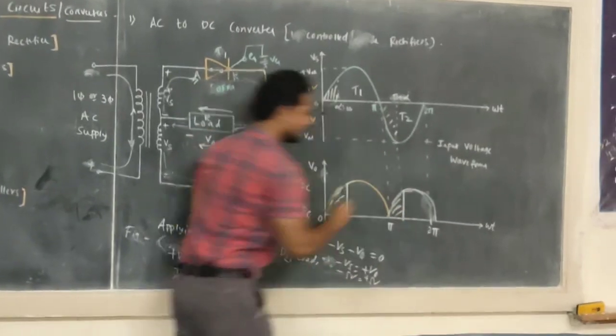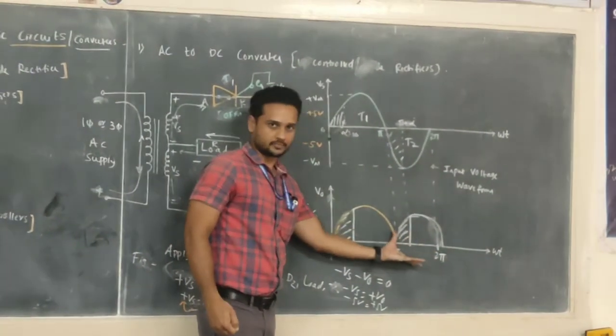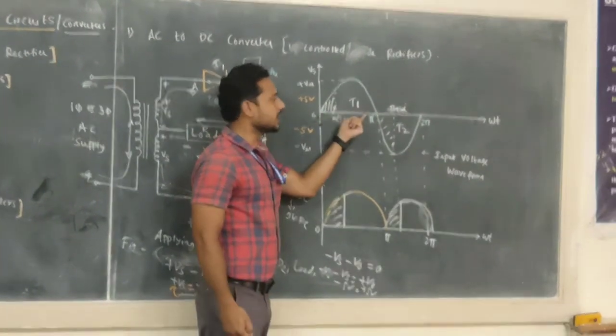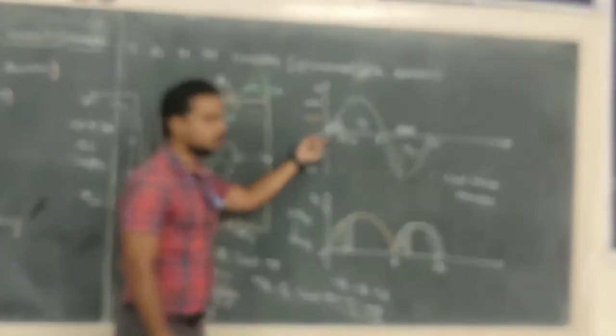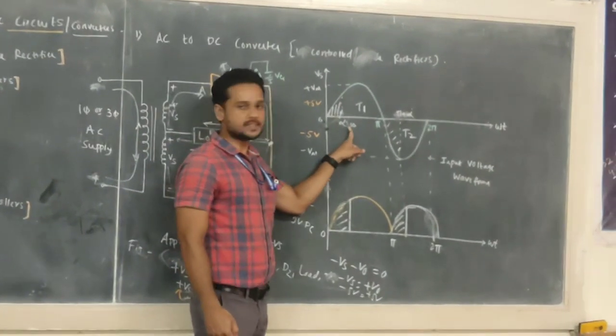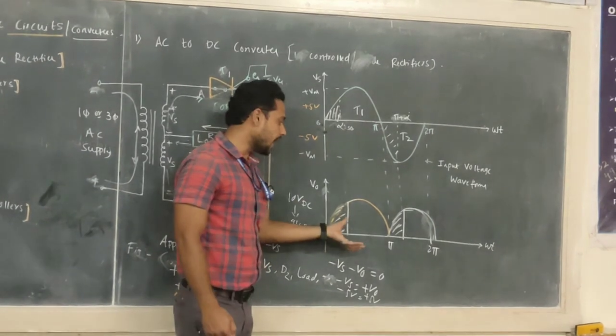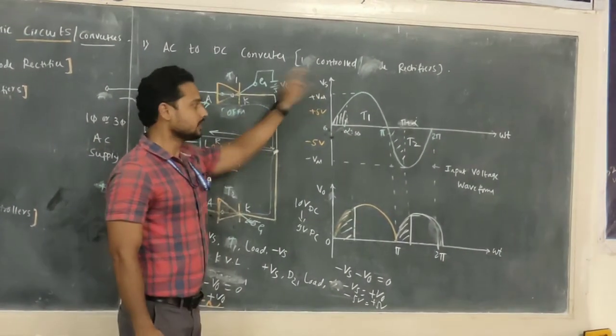So you can see here that the value of output voltage is reducing. Go on increasing the value of firing angle, and the value of output voltage can be reduced. If it is 10 volt and you want to get 7 volt or 6 volt, then go on increasing the value of firing angle so that you can have control over the output voltage. So it is called a controlled rectifier.